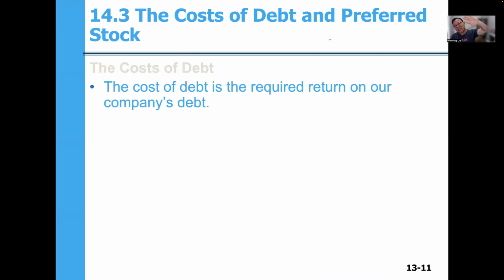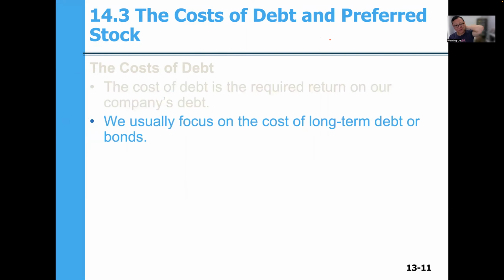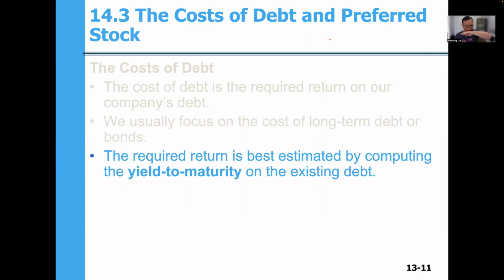So you have debt in your company. What is your expected return for that? We really focus on the cost of long-term debt or bonds. The required return is best estimated by computing the yield to maturity on the existing debt.